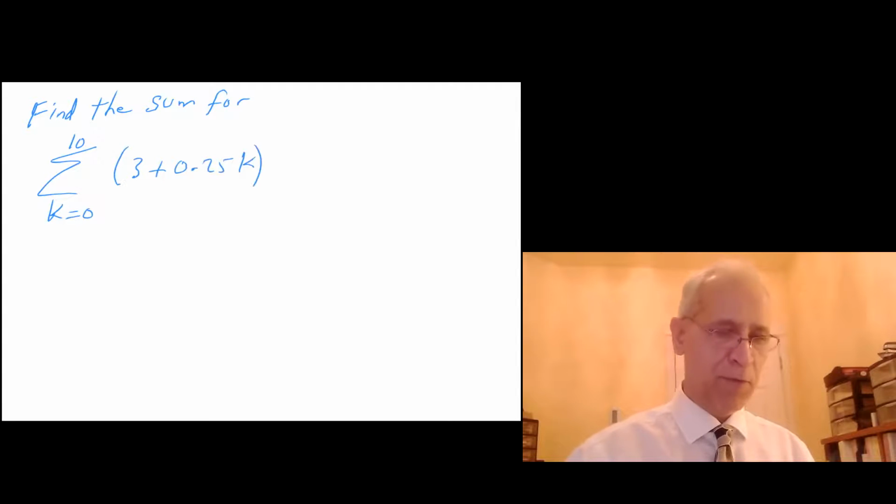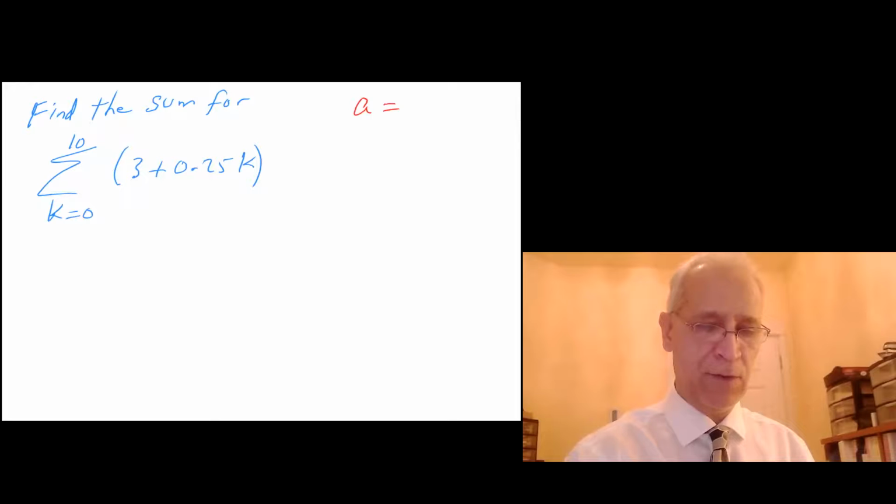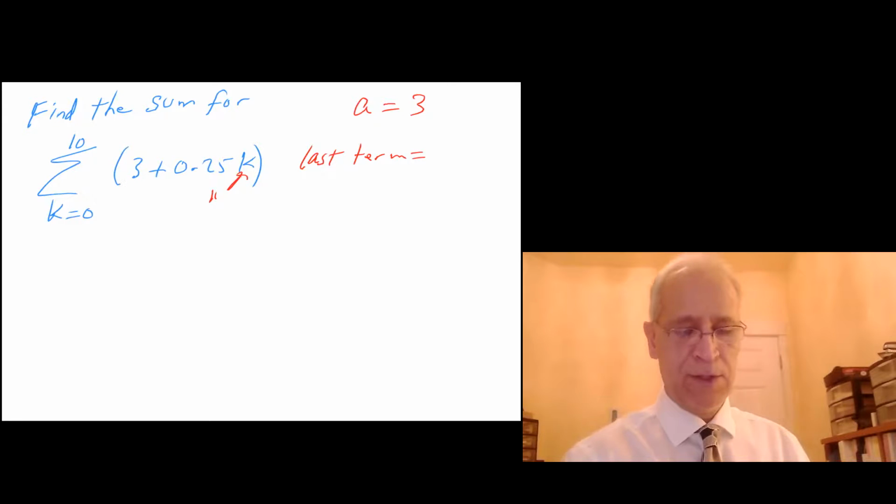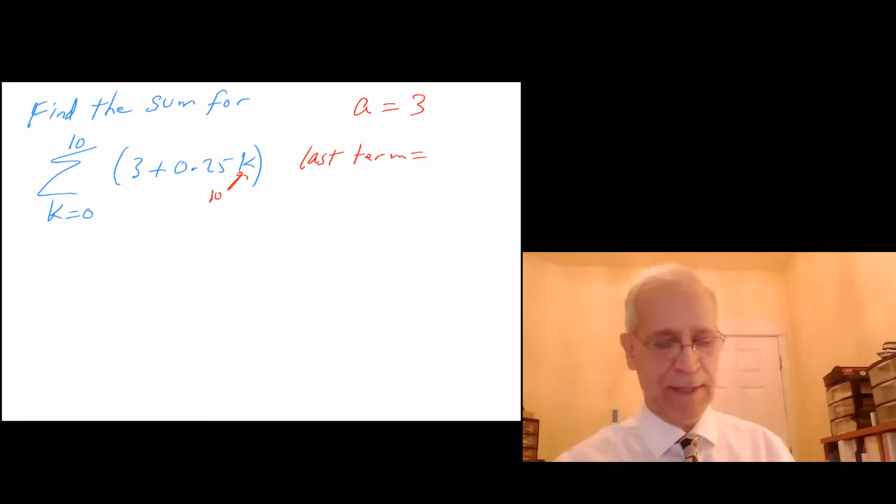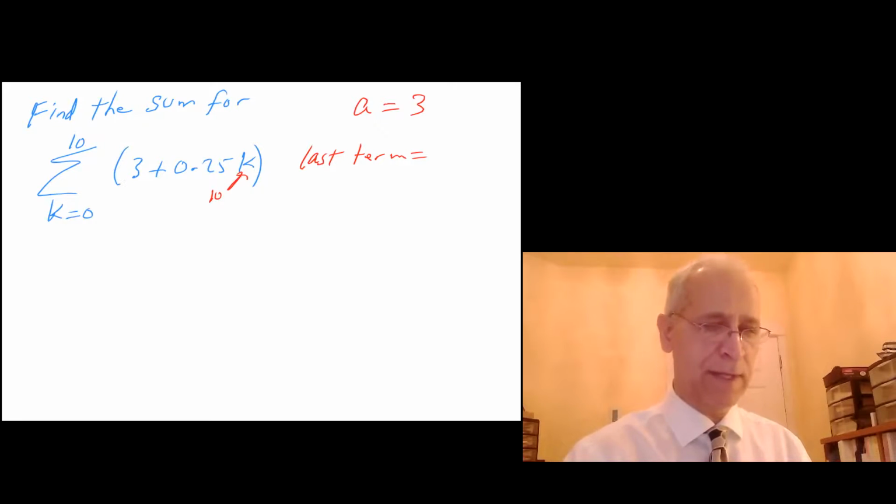My first term, a, is when k is 0. If I plug in 0, that gives me 3. My last term is when k equals 10. 0.25 times 10 is 2.5, and adding 3 gives 5.5.